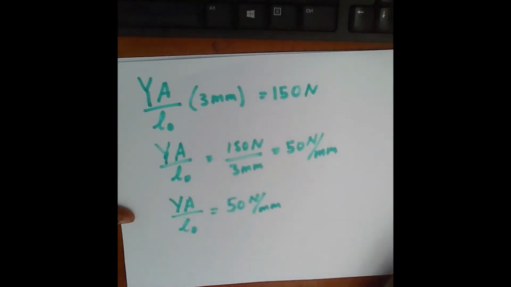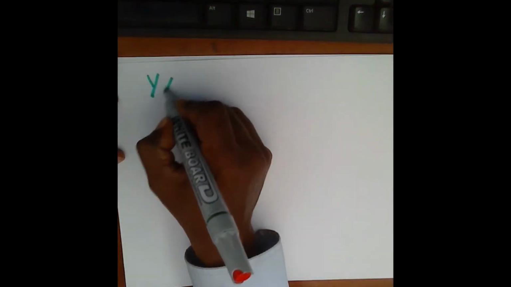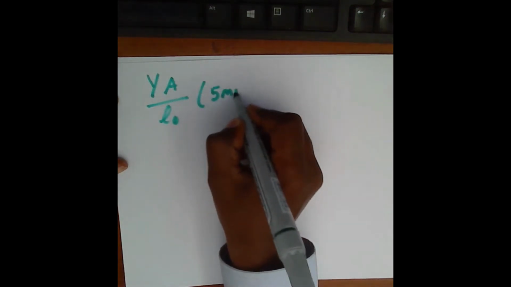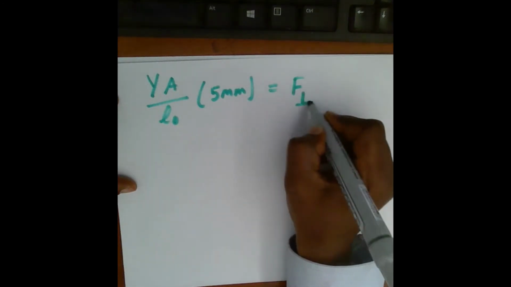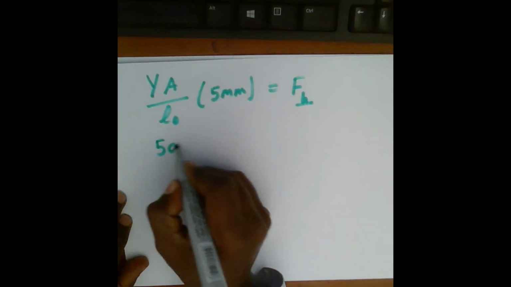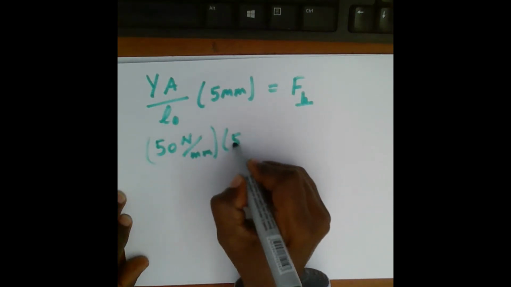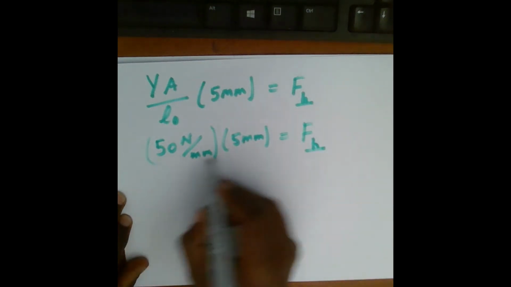Now let's apply this to the second case. That means Y times the area over original length. Now the change in length becomes 5 millimeter, and the perpendicular force is not known. Y times the area over original length is already known, which is 50 Newton per millimeter, multiplied by 5 millimeter, and this is equal to the perpendicular force.